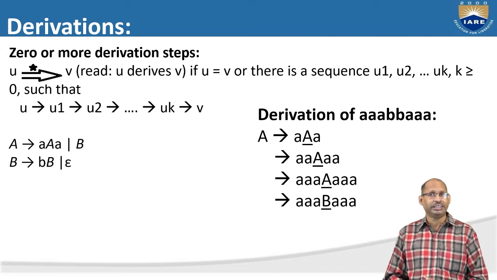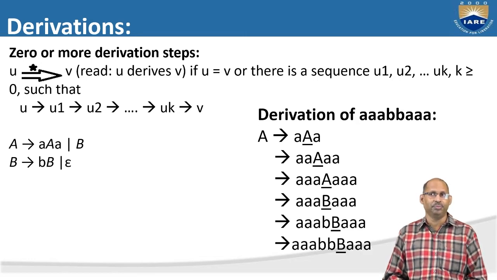Then we apply the second production, where capital A gives capital B. Then we apply the third production twice, and finally we apply the fourth production, so variable B gives epsilon, such that we get a sequence of terminals only, which matches our given string.